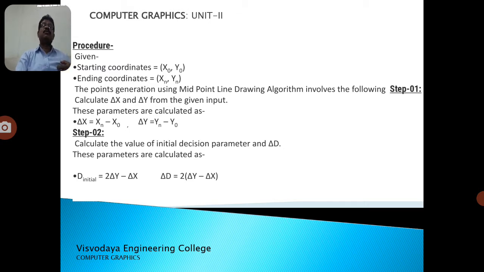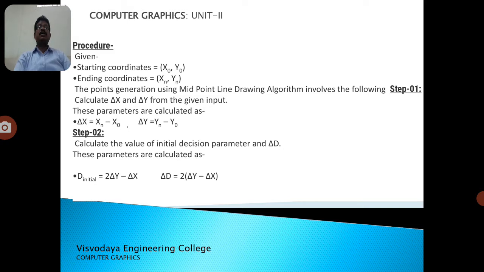In the DDA algorithm we find the slope value, and in Bresenham's algorithm we find the decision parameter pk value. But here we take the initial decision parameter, d initial. So in place of the parameter pk, here we find the initial decision parameter d initial, and one more quantity, that is delta d.